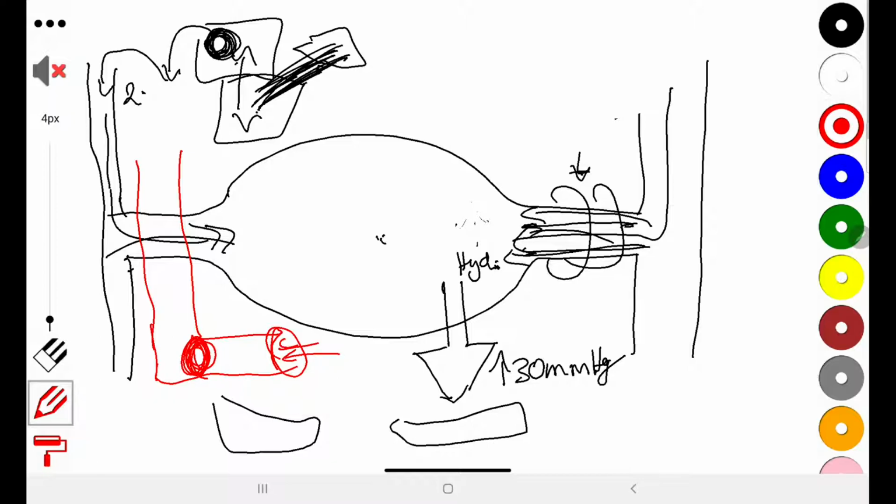And if that is not happening, the oncotic pressure within the interstitium increases, and that will create an osmotic pull. If it has an osmotic pull, there will be an increase in fluids here, meaning edema.